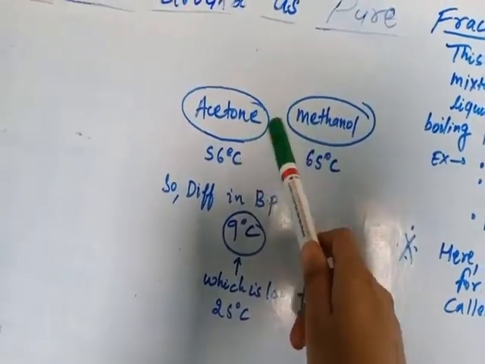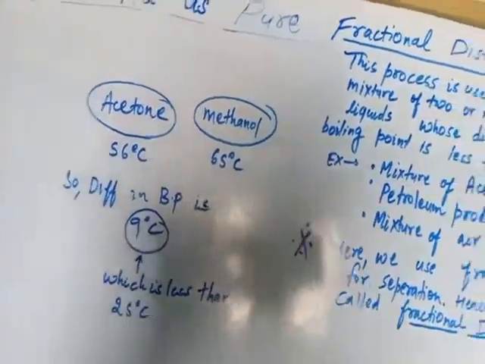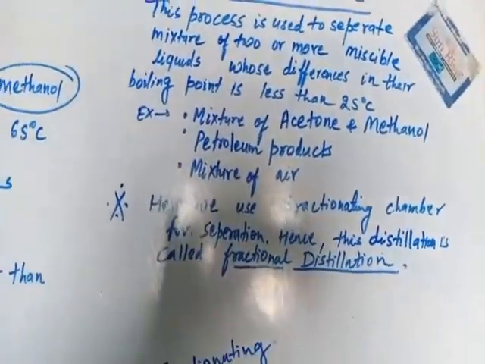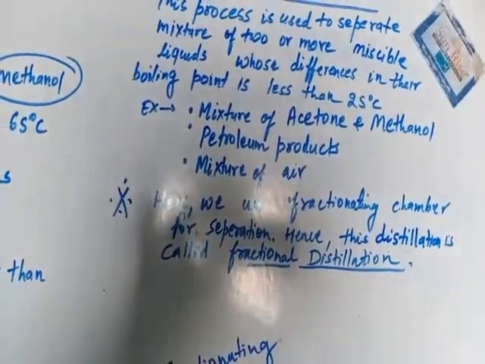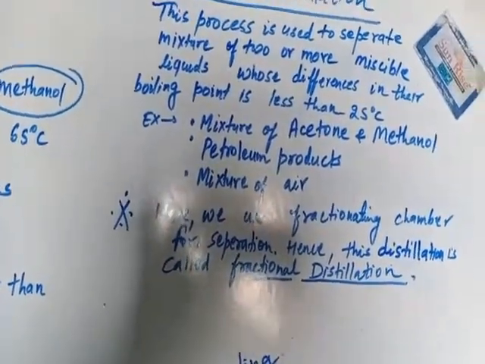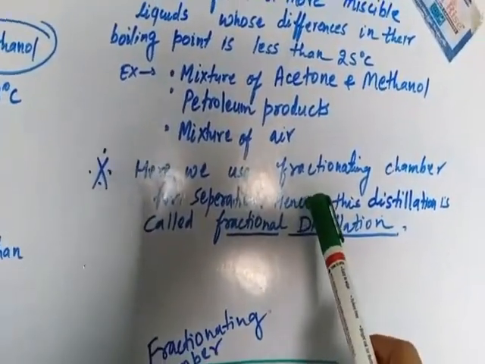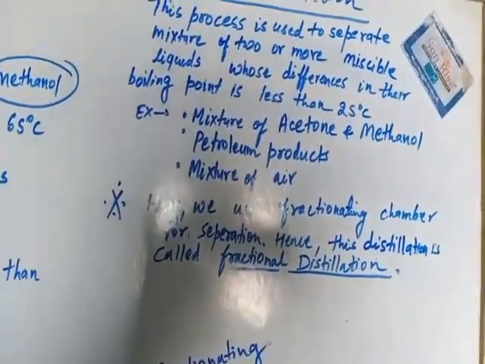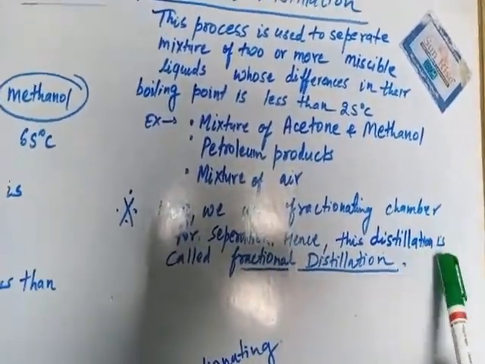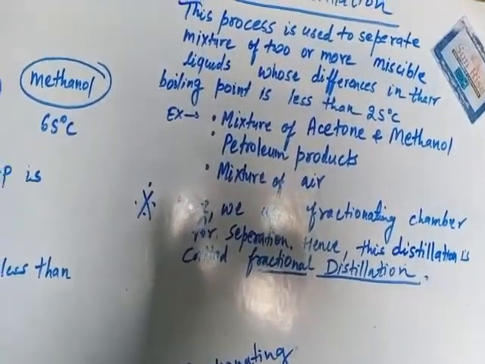So this type of liquid mixture can be separated only by the fractional distillation process. Now, the most important difference between simple distillation and fractional distillation is that in fractional distillation we use a fractionating chamber for the separation. That is why this type of distillation process is called the fractional distillation process.